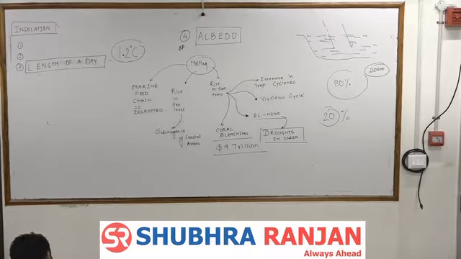So the keyword here is reflected sunlight, is albedo. Fine with this? It is reflected back. Full stop. It is expressed as a percentage.